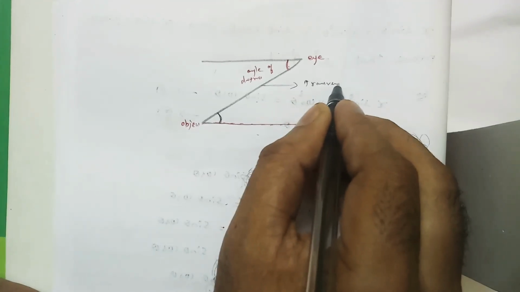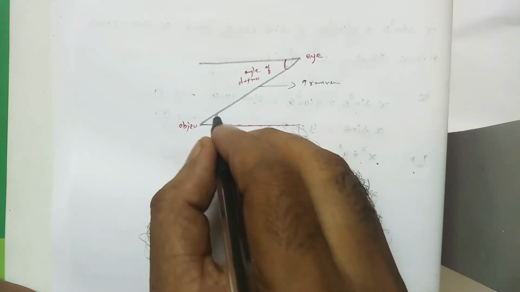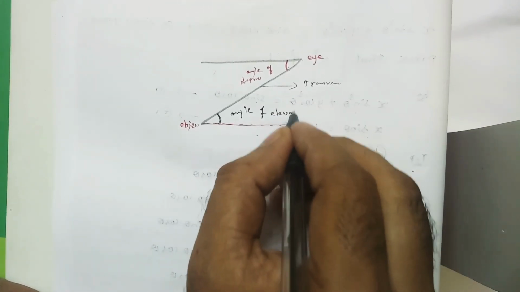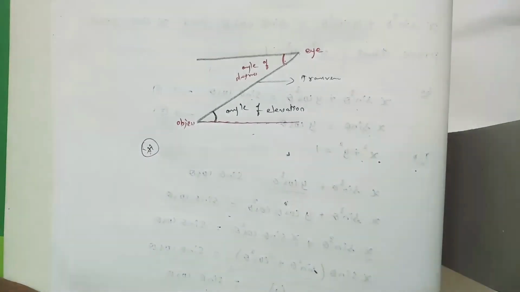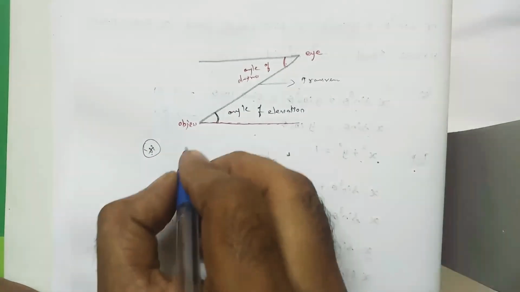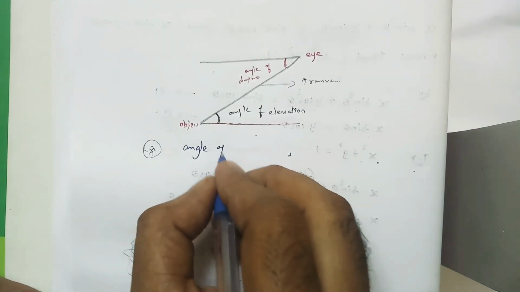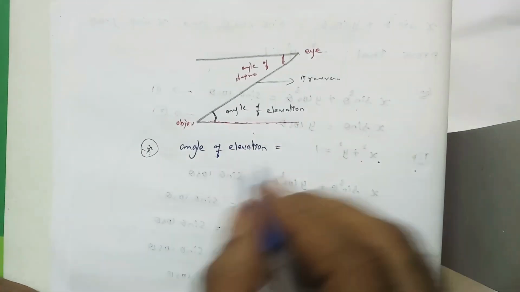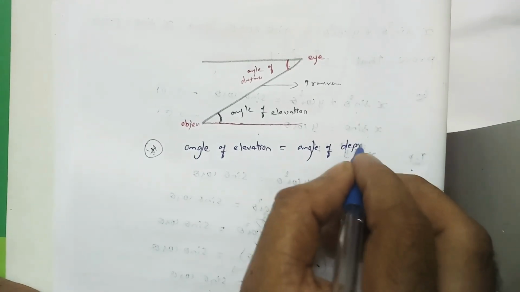This is the eye, and now it is the object, and this angle is the angle of elevation. And moreover, this is very important: angle of elevation is equal to angle of depression, or angle of depression is equal to angle of elevation, whatever it may be.